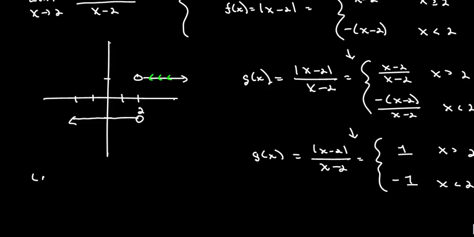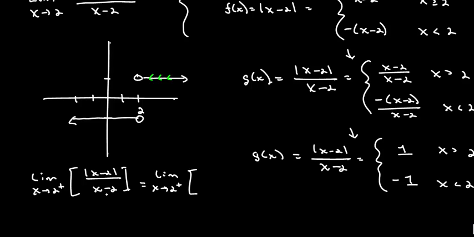The limit as x approaches 2 from the right side, that's the green part here, of the absolute value of x minus 2 over x minus 2 is equal to the limit as x approaches 2 from the right of, for anything to the right of 2, a height value of 1. And of course, the limit of a constant is just that constant value. So this would be equal to 1.